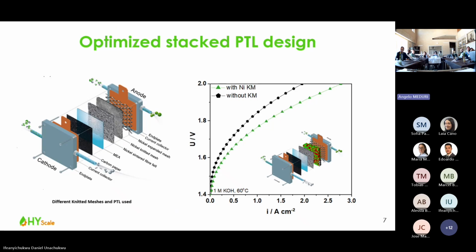What does this mean now for performance? Here you see on the right side the performance curve of the setup with the knitted mesh or without the knitted mesh, and it's clearly visible that we can increase the performance quite a lot when we use the knitted mesh. But now on the next slides, we want to discuss why it is like that.